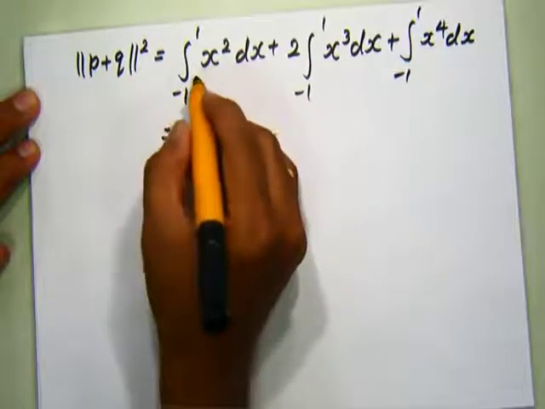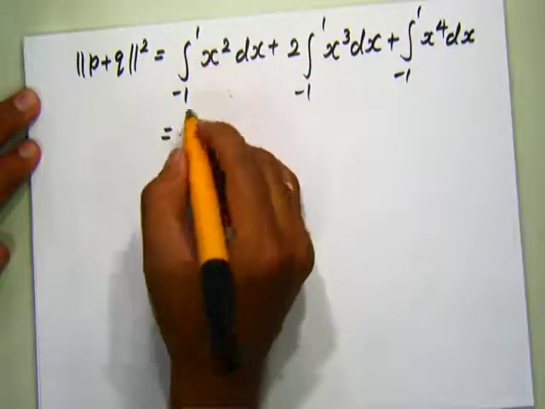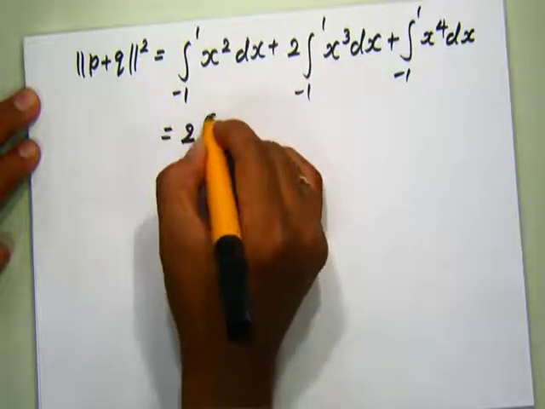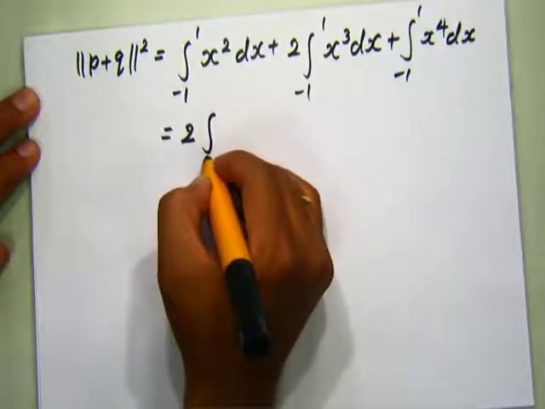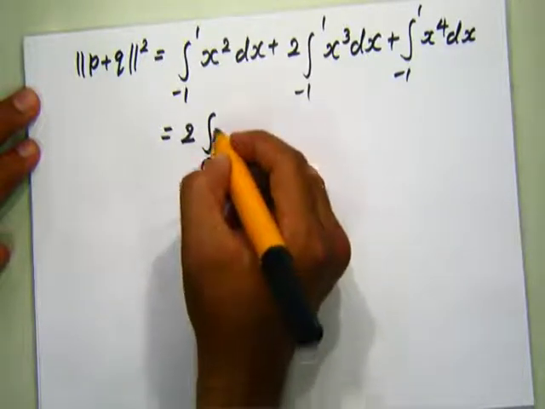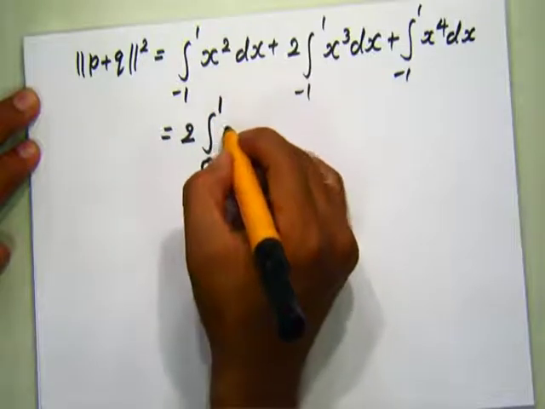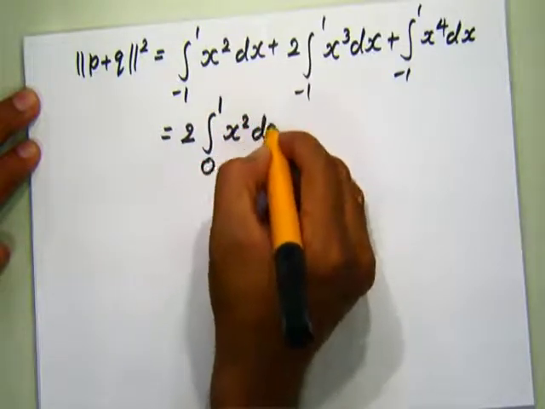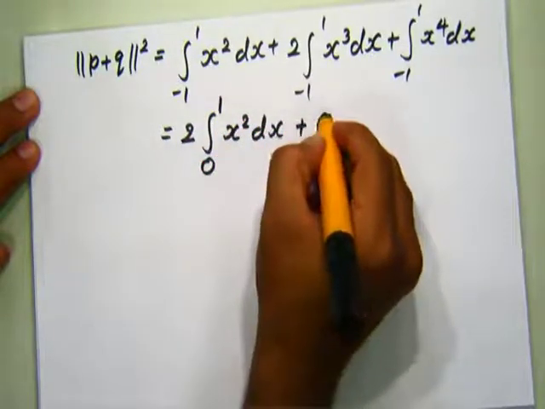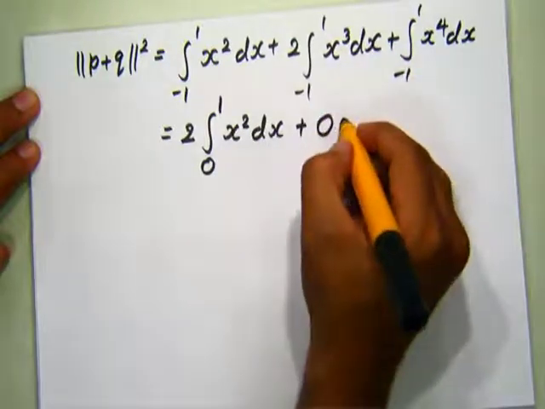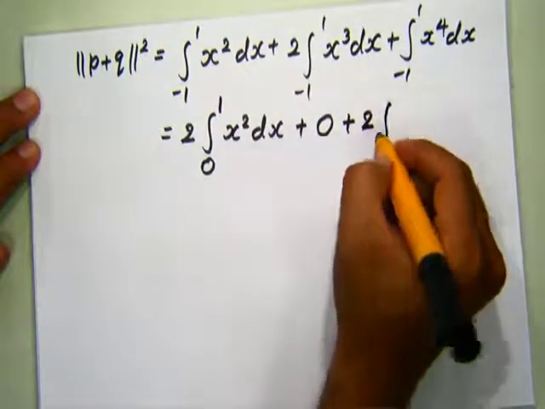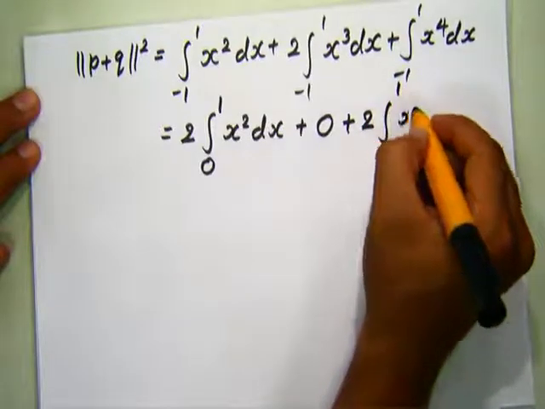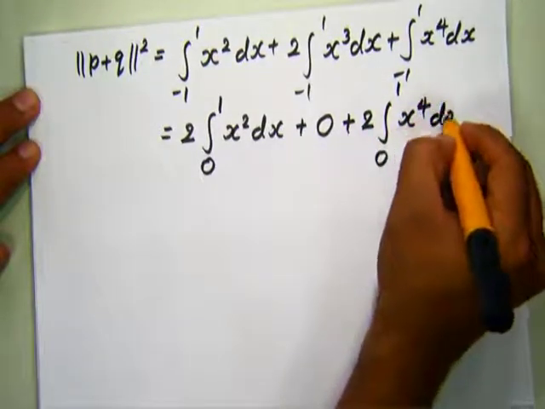So this x square is an even function, so it becomes 2 times, and the limit is minus a to a, so here minus 1 to 1 becomes 0 to 1, and this term becomes 0 because our function x cube is an odd function. So plus 2 times the integral from 0 to 1 of x raised to 4 dx.